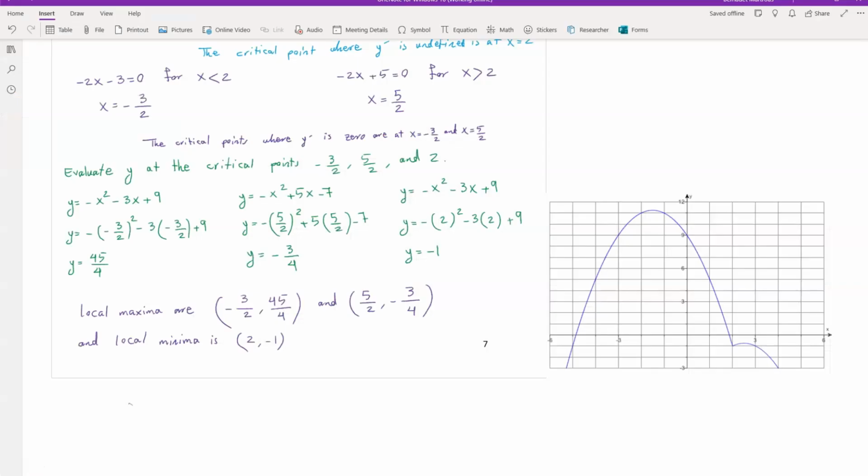So this is our graph here. This point on top is a local maximum. Here on this part we have a local maximum, and this point is a local minimum.